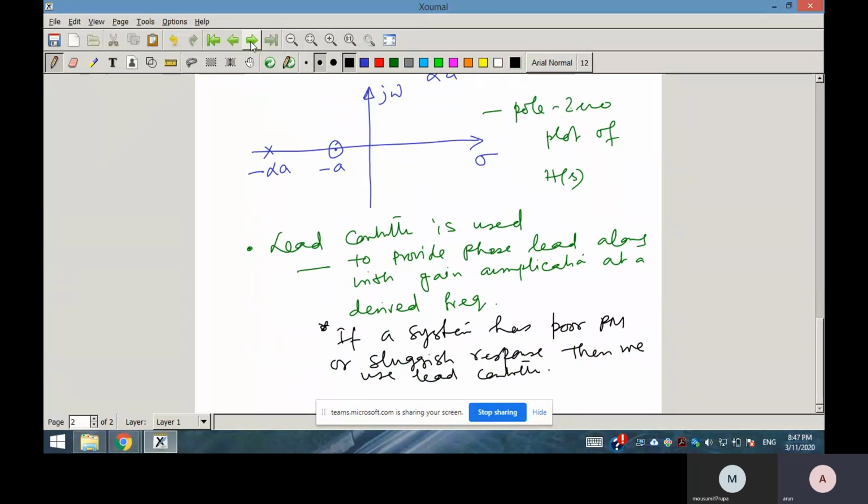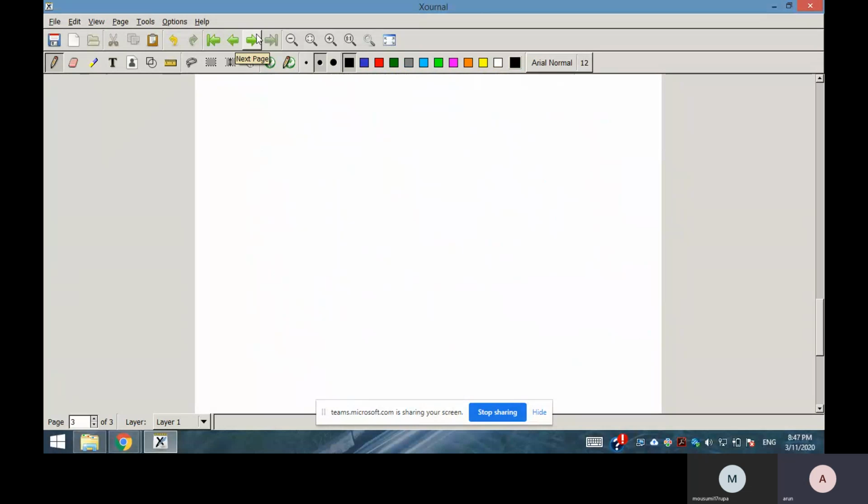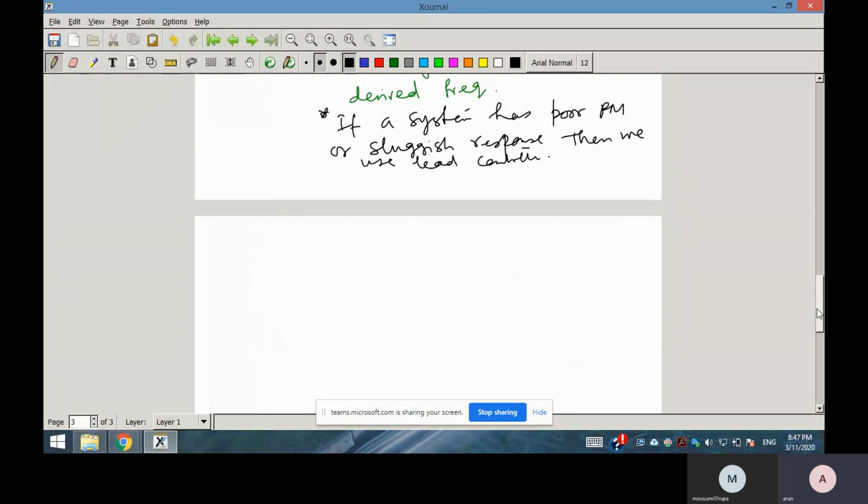So what is the amount of phase lead it will provide? It will provide some phase lead at some frequency, as well as some gain amplification.